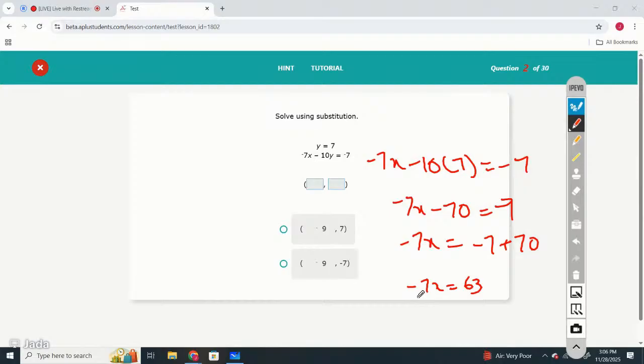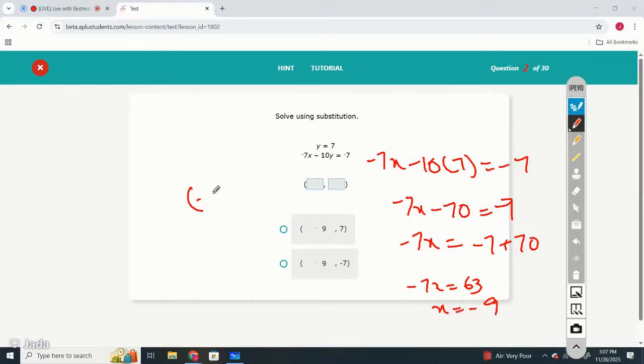Divide both sides by negative 7. That is x equals negative 9.